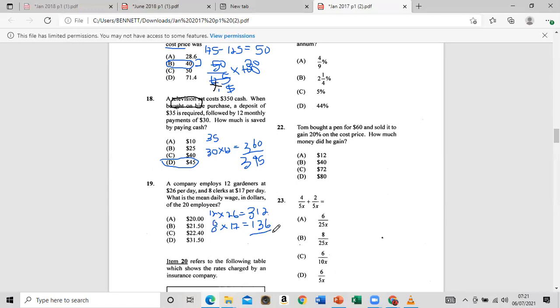So if I add this now, I find the total, and then we divide by 20. We get 2, and we now have to work it down. We get 2 and 2, so that must be this.